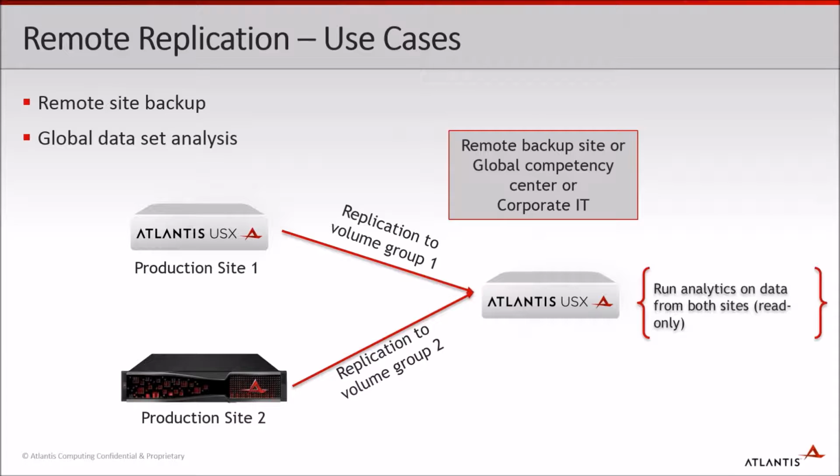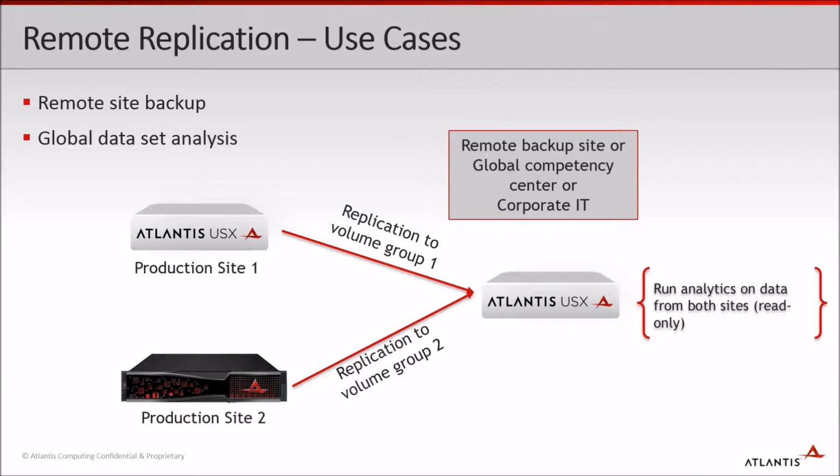We do not have any distance limitations, so you can put your backup data center anywhere, and you can use it for multiple purposes. We just make a copy at a predefined interval, and it's asynchronous replication, so it does not impact your primary performance.